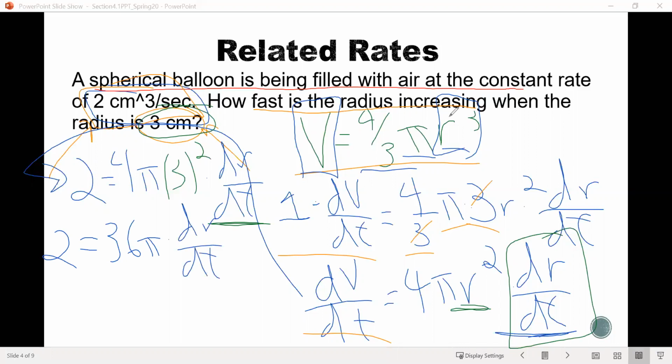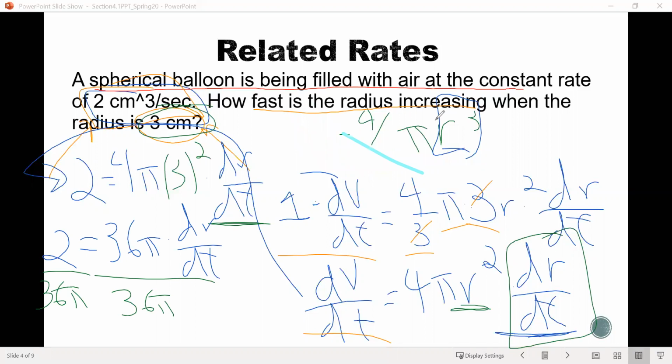And then we can isolate the dr dt by dividing by 36 pi on both sides. And when we do that, again, I apologize, it's not quite enough room on here.